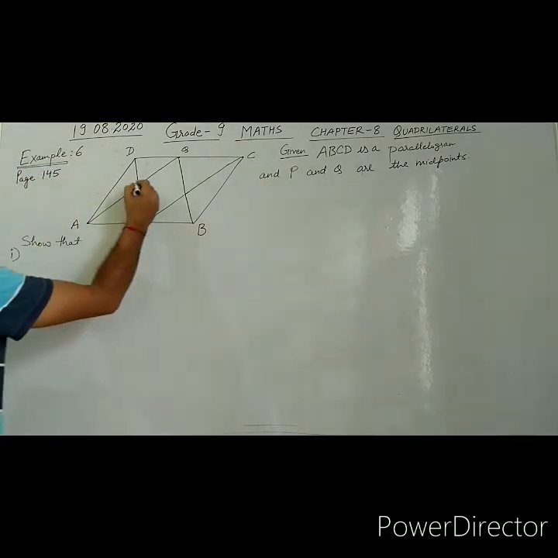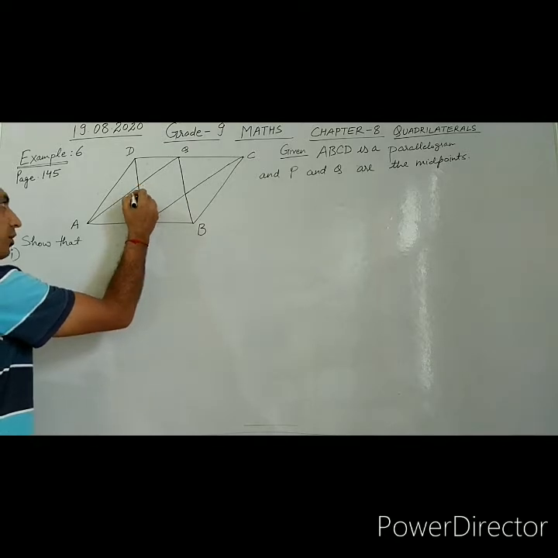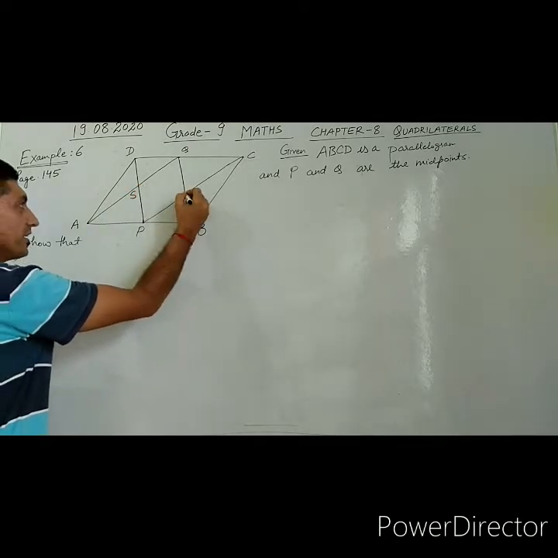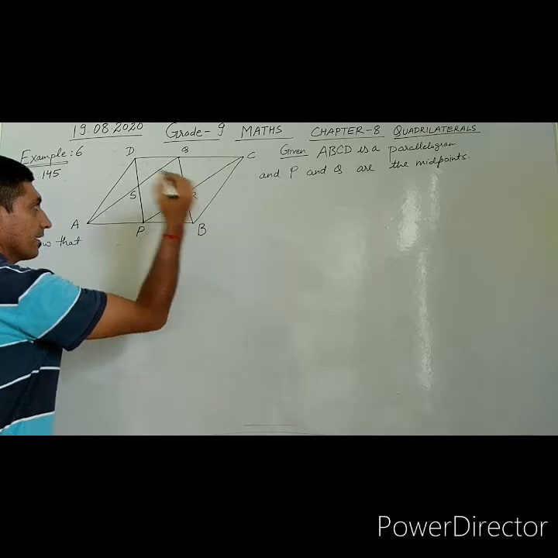So here this point is called point S and this point is called point R, right?